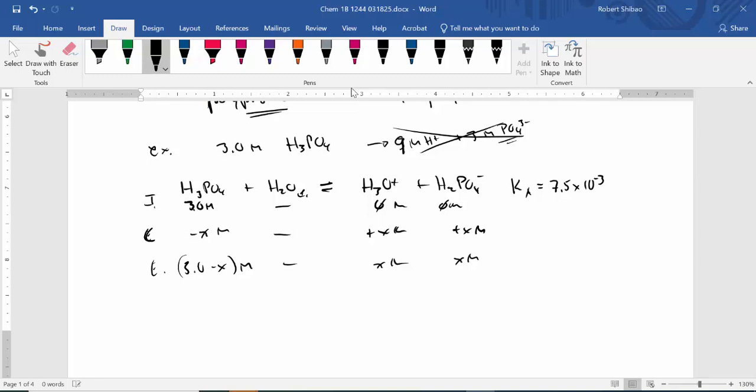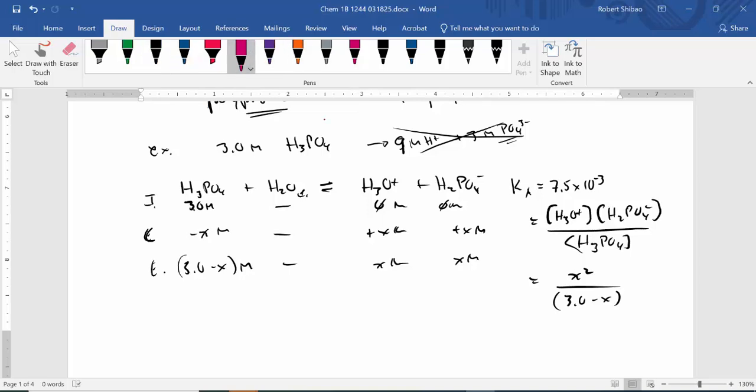Do you know why the book picked 3 molar? I'll show you why the book picked 3 molar. And so we're going to get here the hydronium times the dihydrogen phosphate concentration divided by the phosphoric acid concentration. So this is just going to be x squared divided by 3.0 minus x.